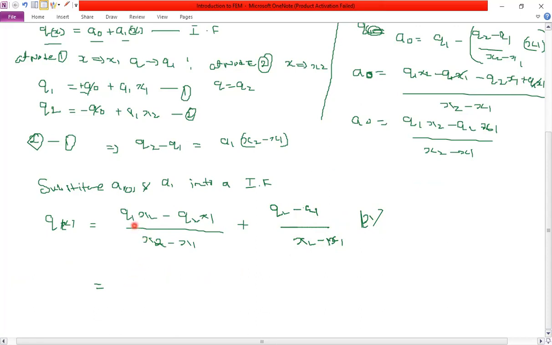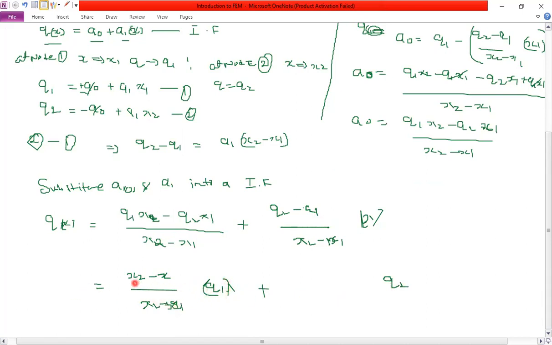If you do the separation of the q1 terms and q2 terms in the above equation, the q1 terms are q1 times x2 and q1 times minus x, divided by x2 minus x1. So I am separating the q1 terms as well as the q2 terms.